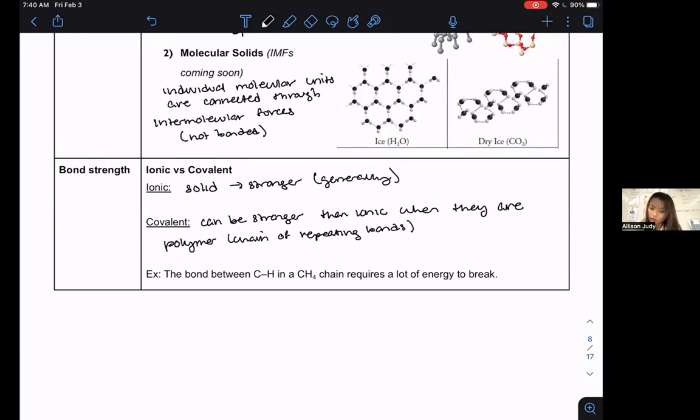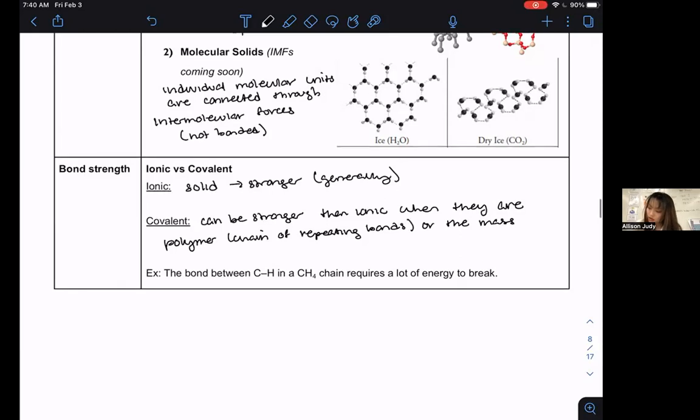Okay, or when the mass of the molecule is larger, which means that there's more electrons being shared. I'll put molecule, I think that'll be better for you.